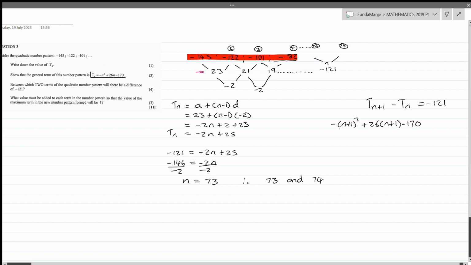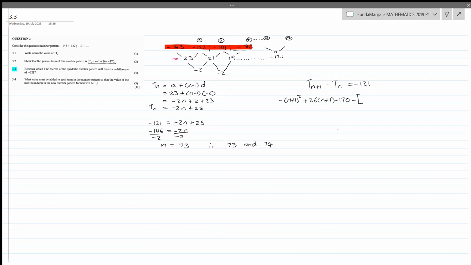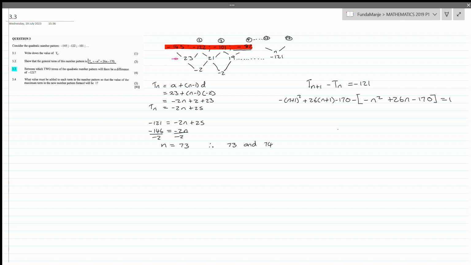Then you'd say minus, in brackets, exactly the same, minus n squared plus 26n minus 170. Close the brackets, should be equal to minus 121.